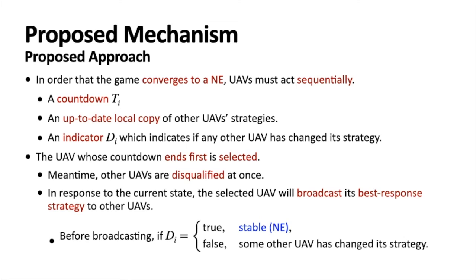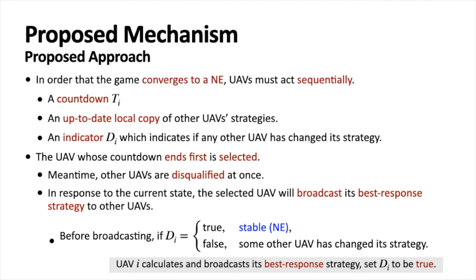If DI is true, then we've reached the stable state, which is a Nash equilibrium. If DI is false, then some UAV has changed and broadcasted its strategy. So, UAV I calculates and broadcasts its best response strategy to other UAVs and sets DI to be true. You may check out the complete algorithm in our paper. All in all, except for the broadcast strategies, all the operations are done locally, namely, it is a distributed approach.